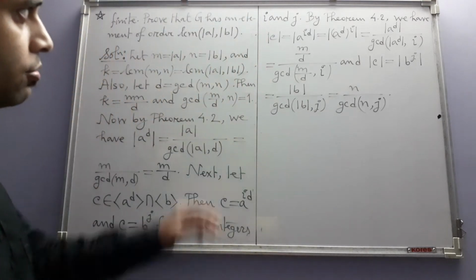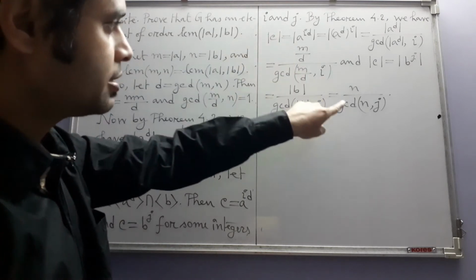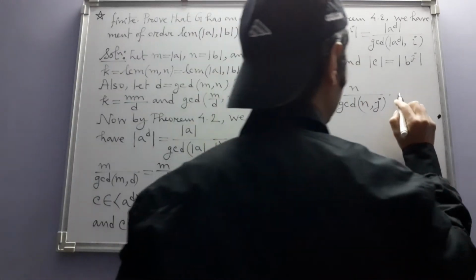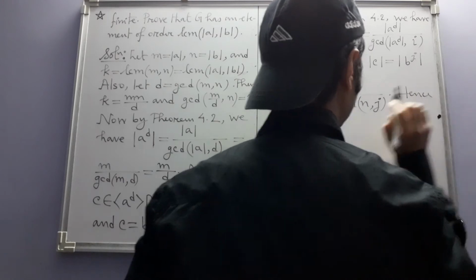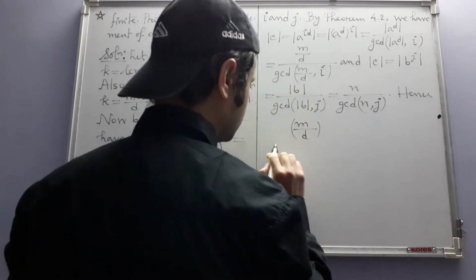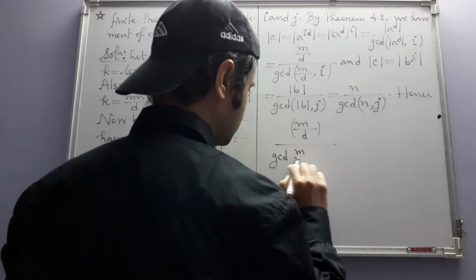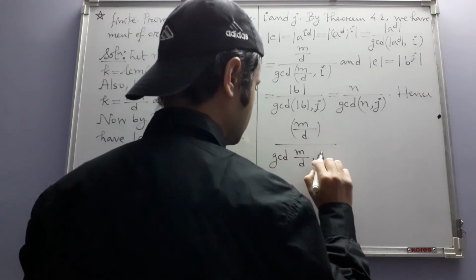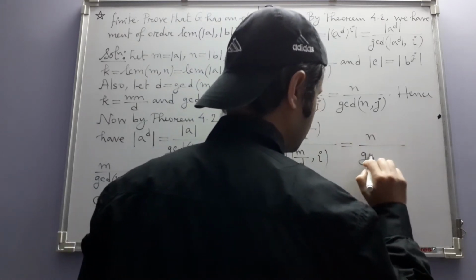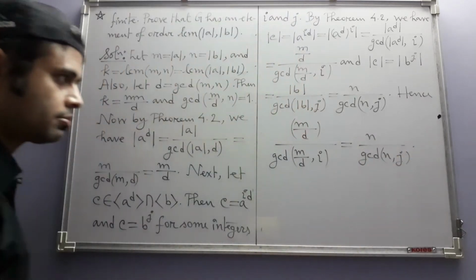Now look at these two things. This is the order of C. At the same time, this is also the order of C. Hence they are equal.